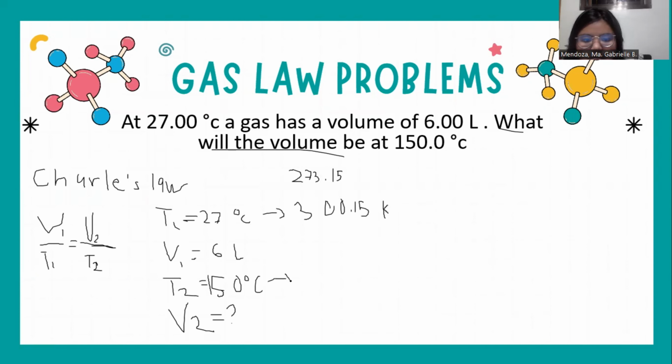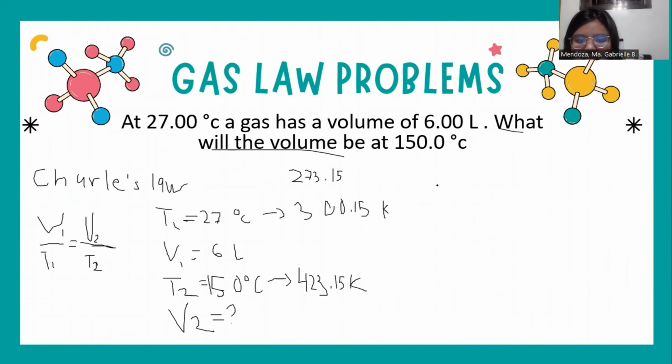And this will be yung 150. So, 150 plus 273.15, that would be 423.15 Kelvin. So, since na-convert na natin ito to Kelvin, pwede na tayong mag-substitute.